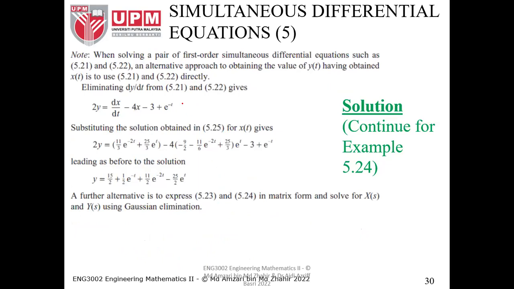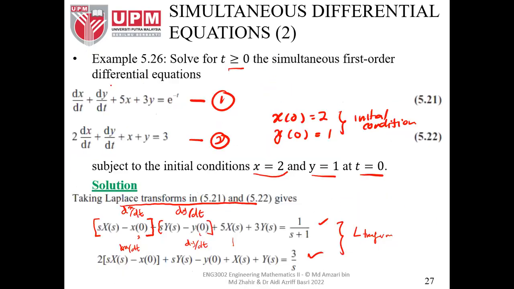Note, when solving a pair of first order simultaneous differential equations such as equations 1 and 2, an alternative approach is to obtain the value of y(t) after having obtained x(t), using it in equations 2 and 1. That's the first solution. Another one is you can start by eliminating dy/dt from the original equation.